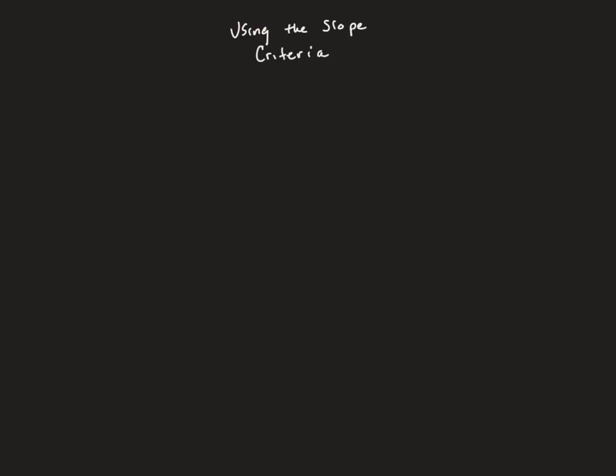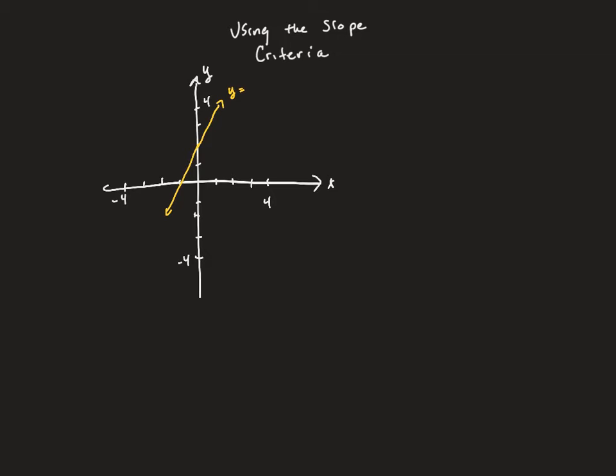Thinking about some more here, using the slope criteria, we want to identify this on a coordinate plane. When we are dealing with parallel lines, if I have this yellow line, I should be able to say that y equals, the slope is up 2 over 1, so it's 2x, and the y-intercept is 2, plus 2.